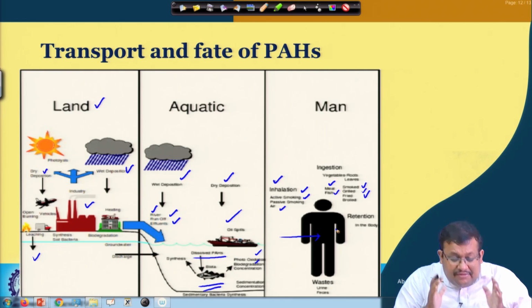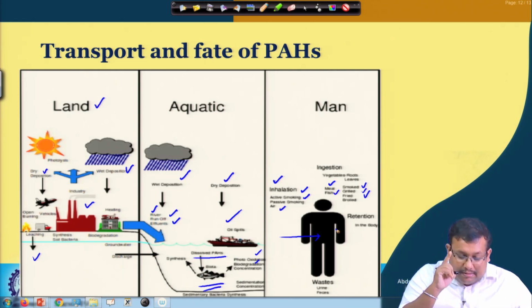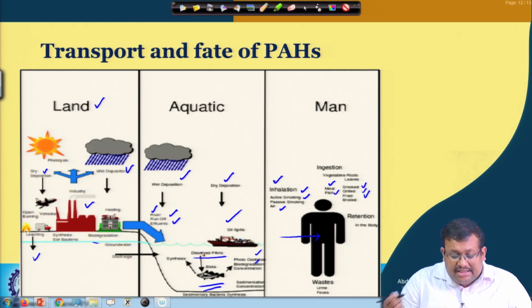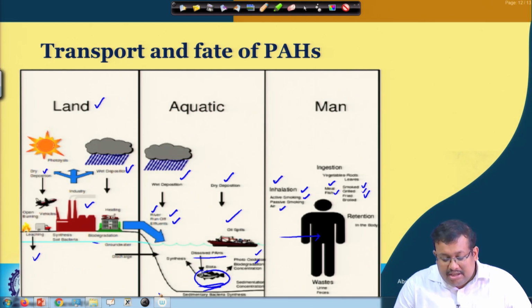So, again, if we summarize, in the land we can see different sources of PAHs. First of all, wet deposition, and then dry deposition, also vehicular emission, and also generation from different types of industries, and this petroleum goes to the soil and then undergoes biodegradation, and ultimately will be discharged into the water bodies through rivers, effluents and runoffs, affecting the biota of the aquatic system, and then finally goes for biodegradation and photooxidation.